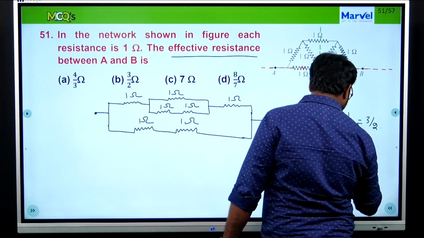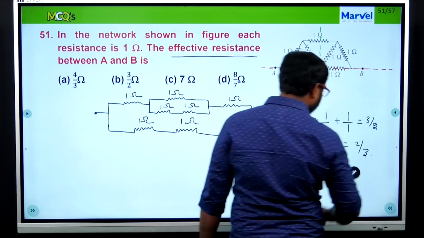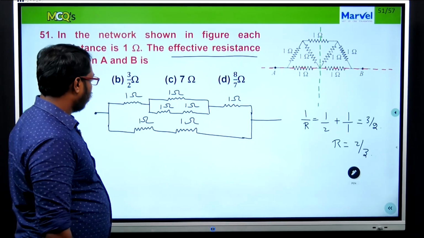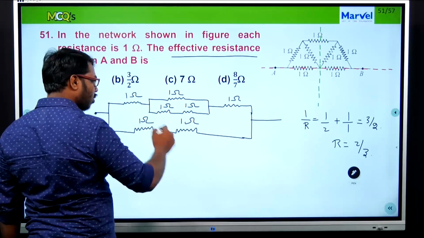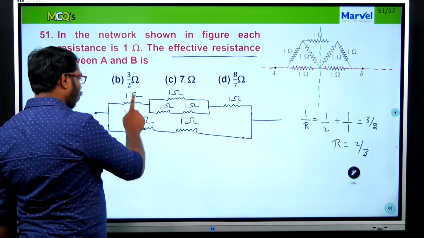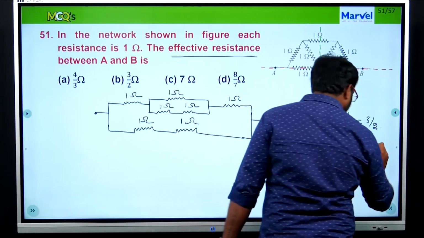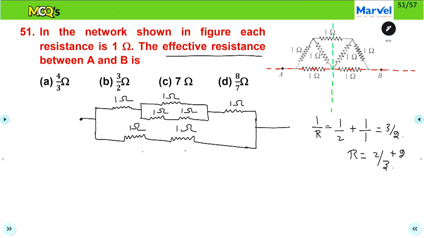So R is equal to 2 by 3. So the whole effective resistance of this is 2 by 3. So 1, 2 by 3 and 1 are in series. So I will just put 2 in here. R in here is equal to 8 by 3. So the upper part of the circuit is completely reduced to 8 by 3.